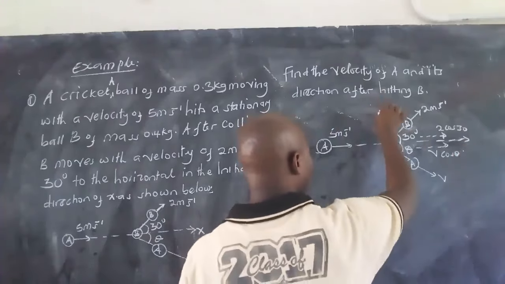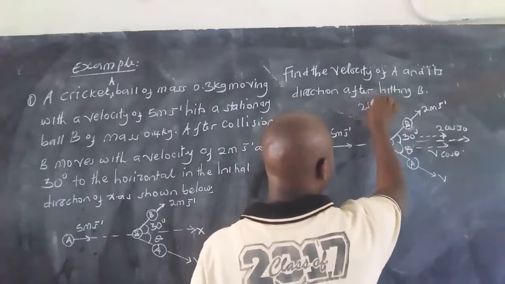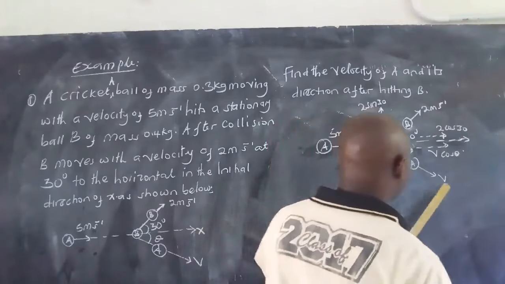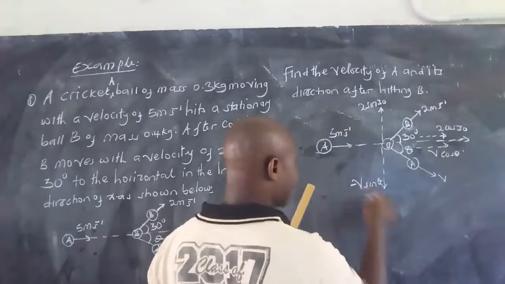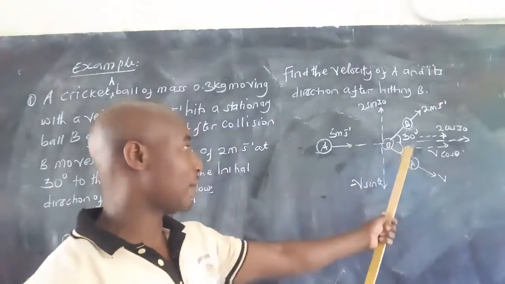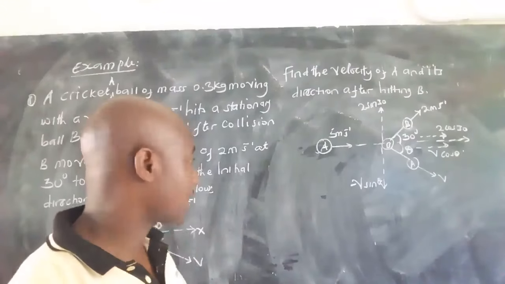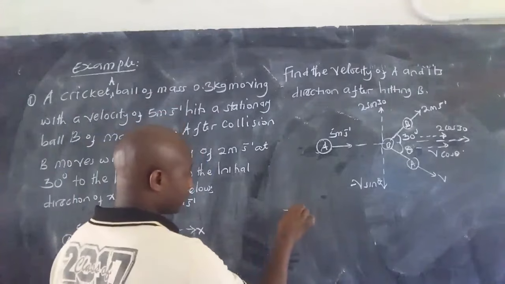The vertical component here is 2 sine 30, and down here we have V sine theta, but negative, because in that quadrant where theta is, only cos is positive and the rest are negative.